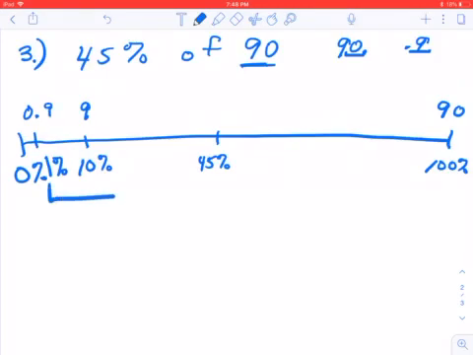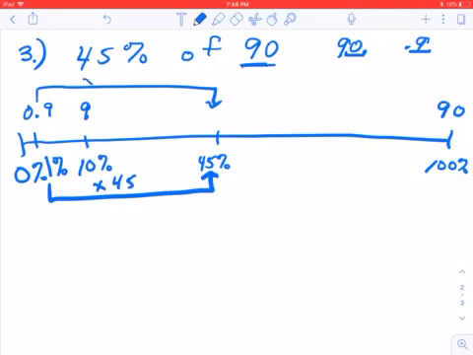Now we have what we need. So 1 times what makes 45? Obviously, 1 times 45. And now we're going to multiply that same number times 0.9. So 0.9 times 45. Take your calculator out. 0.9 times 45 equals, we end up with 40.5.